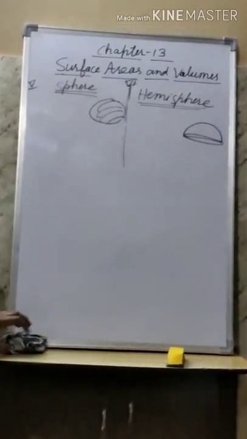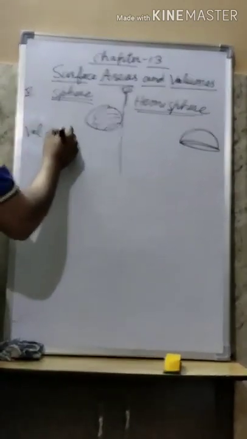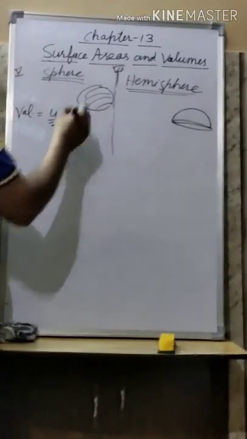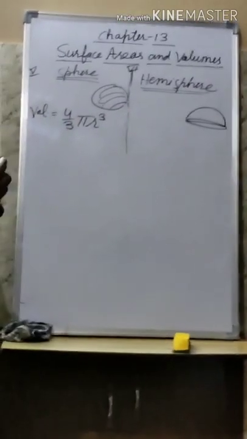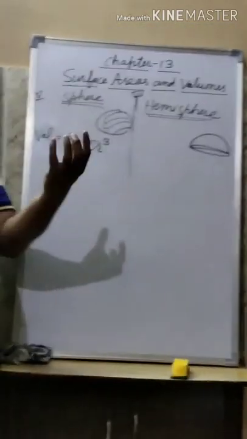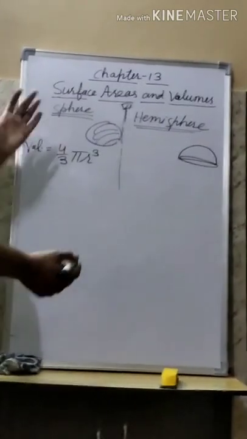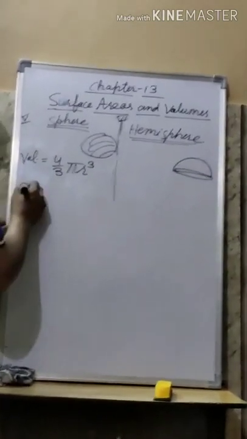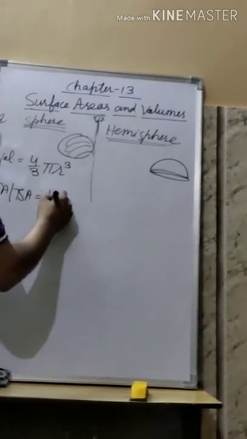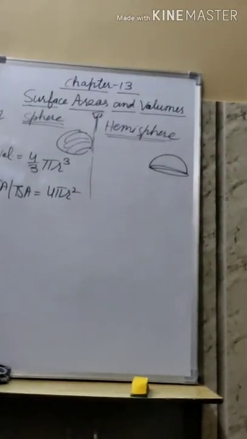Now the volume of sphere, my dear students, learn this: 4 by 3 pi r cube. Now it is curved, one ball is there. Its surface area, CSA, both are the same. You can say surface area or total area, all are the same. That is 4 pi r square.